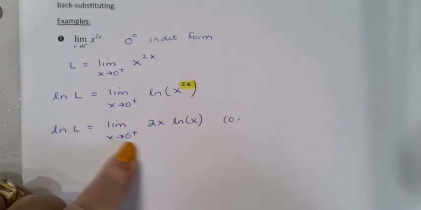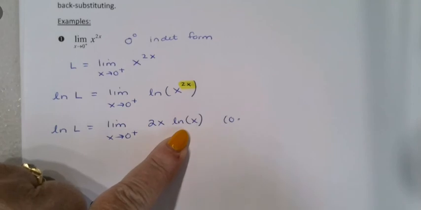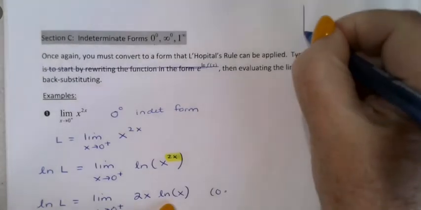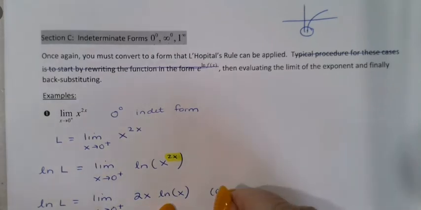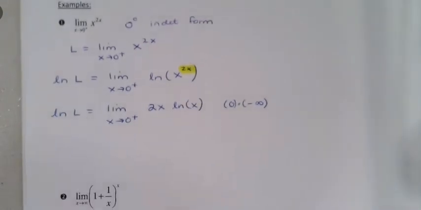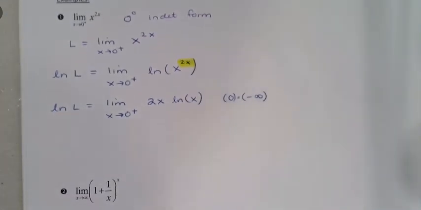And as x goes to 0, again, remember your natural log graph, right? What does your natural log graph look like? As x goes to 0 from the right, that natural log graph goes down to negative infinity. So now I have a different indeterminate form. I have the multiplicative one.